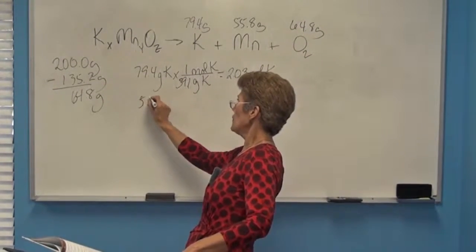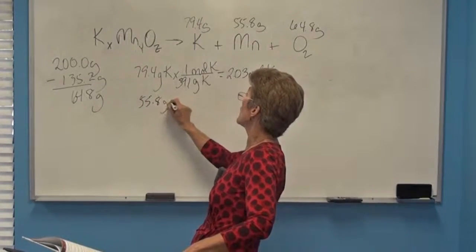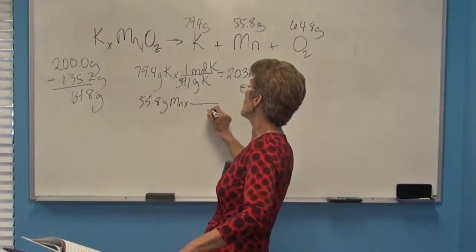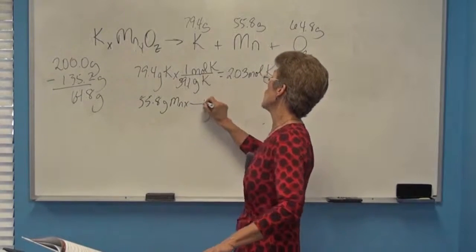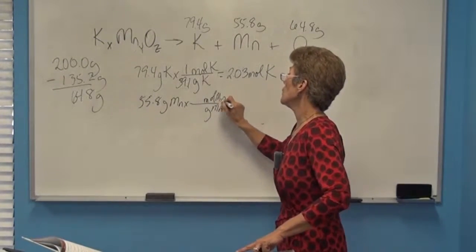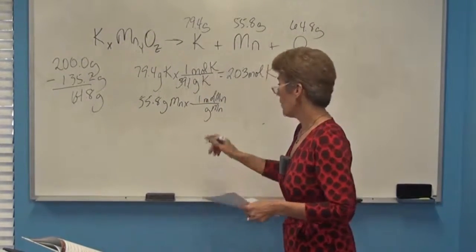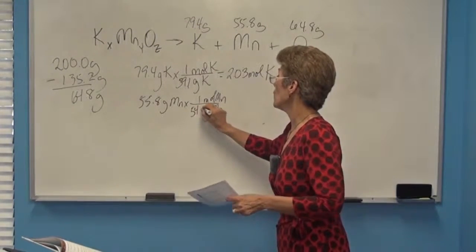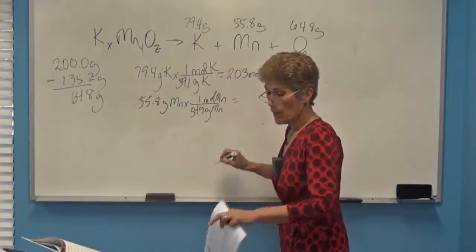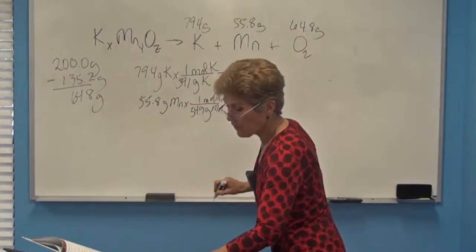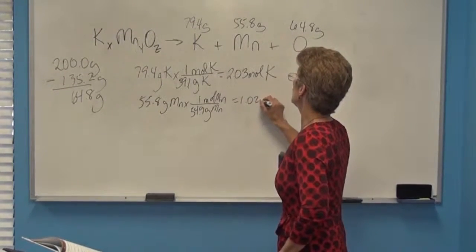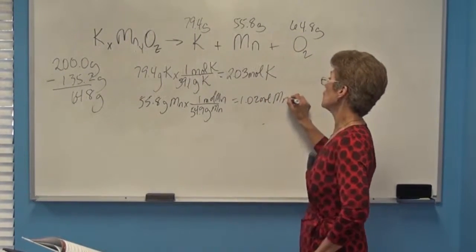Then 55.8 grams of manganese, times 1 mole per 54.9 grams, and that gives me 1.02 moles of manganese.